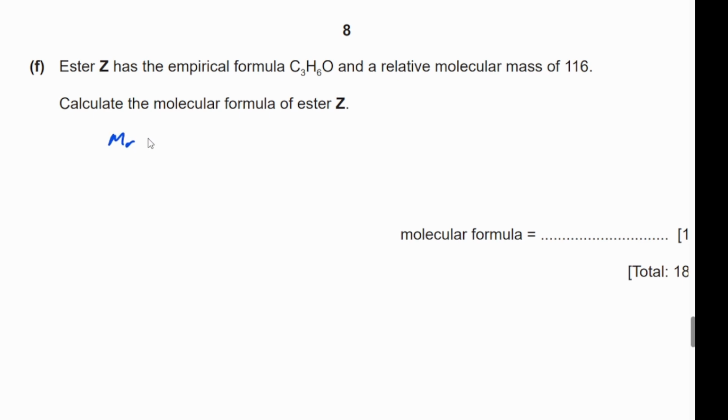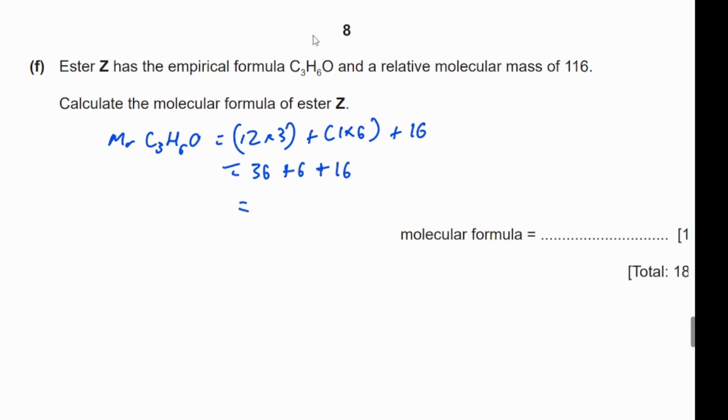So Mr of C3H6O would equal 12 times 3 for carbon, plus 1 times 6 for hydrogen, plus 16. So this will be 36 plus 6 plus 16, which gives 58.